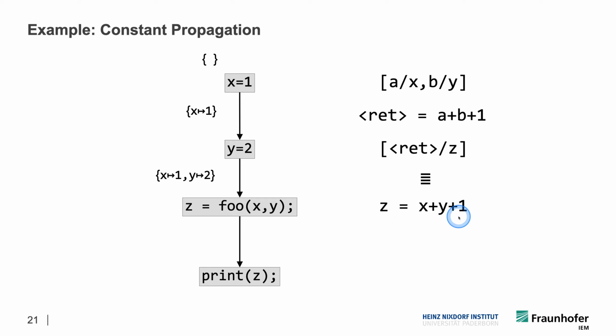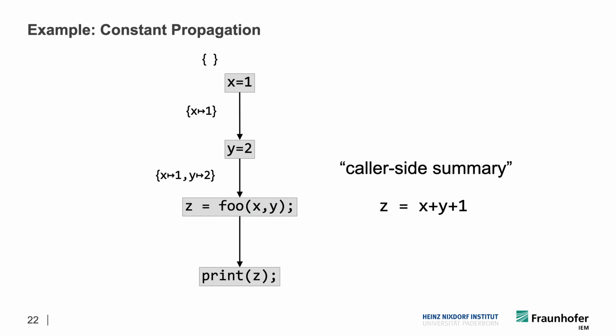Then you have this caller side summary, and all of a sudden it makes a lot of sense. We know y, we know x, and we know what z is, and now we can use that summary to plug it in as an effect of this procedure call here. So we apply that here, and now we know that x and y are not updated because the summary says nothing about x and y.